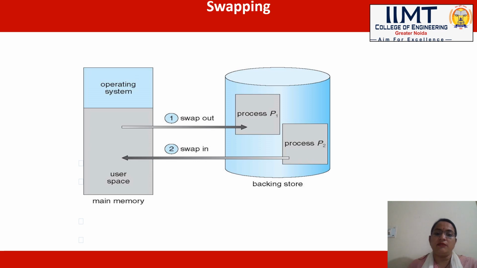In this diagram we can see that process P1 and process P2 are stored in secondary storage. We want to execute process P2.